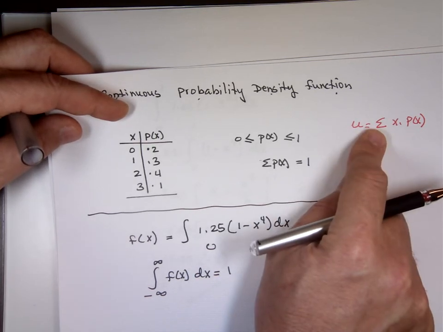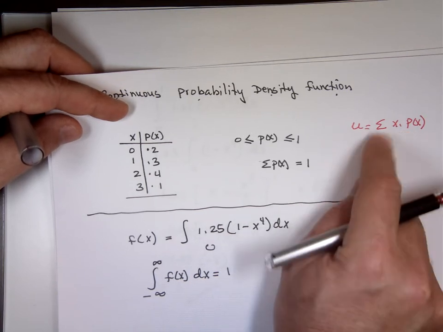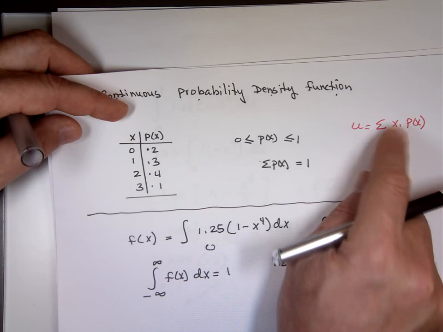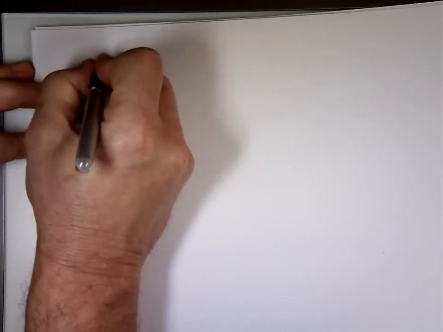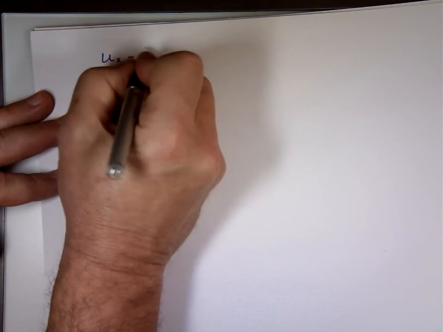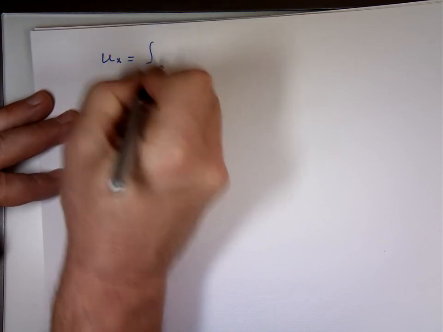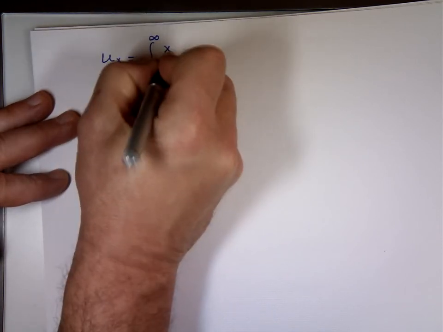Integral. And p becomes f. The integral of x times f of x. So to find your mean when you have a continuous function, it is the integral from negative infinity to infinity of x times f of x dx.